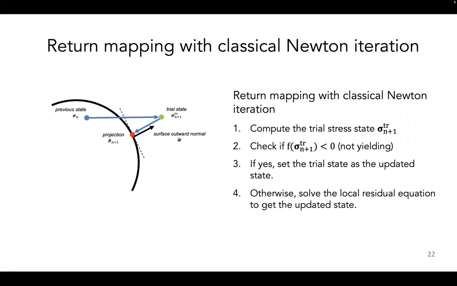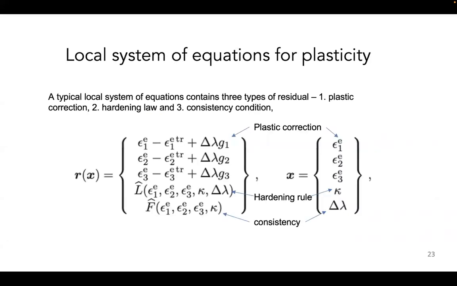Okay, so that mathematically will lead to a system of equations. I won't talk about it too much, but long story short, I need the plastic corrections. You can see Ronnie's book, Plasticity Computation, for more details, but usually there are a few ingredients. The first one is the plastic corrections, like what I'm saying.